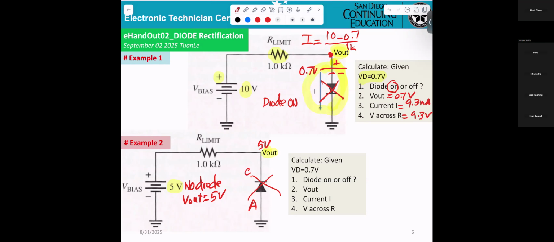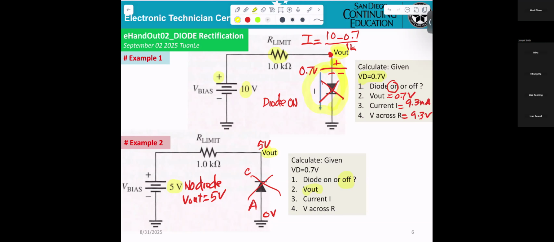The anode is at ground. So the diode must be off. In order for the diode to be on, the anode has to be higher than the cathode by 0.7 volt for a silicon diode. Okay, diode off. What does VL equal?